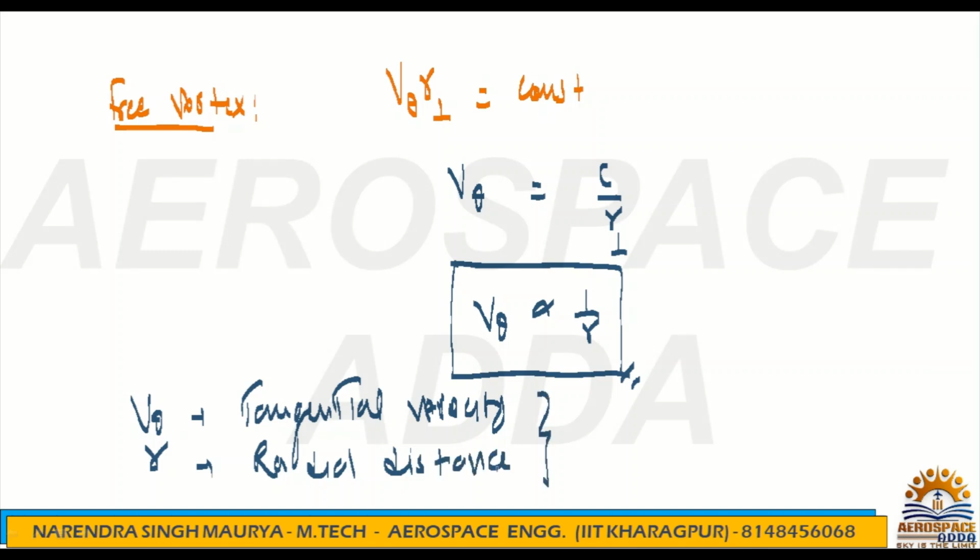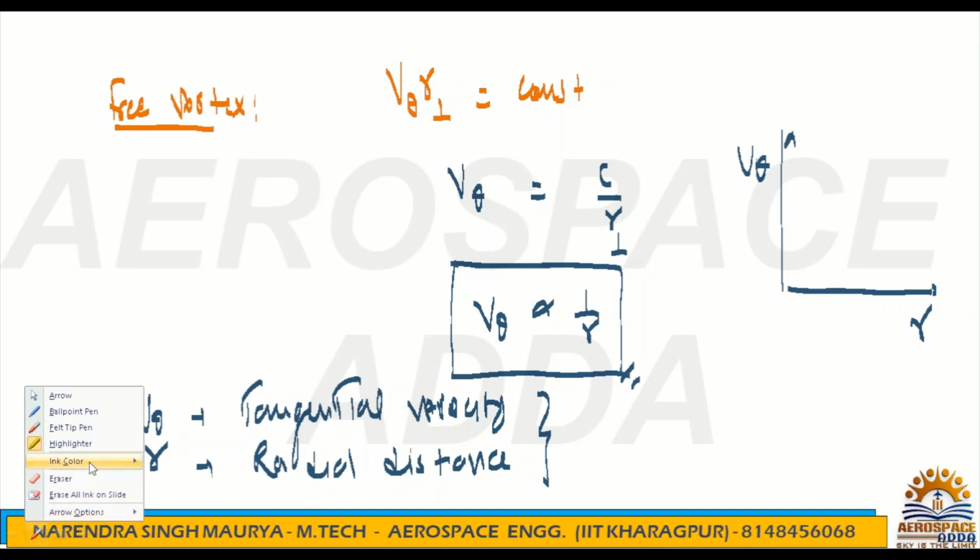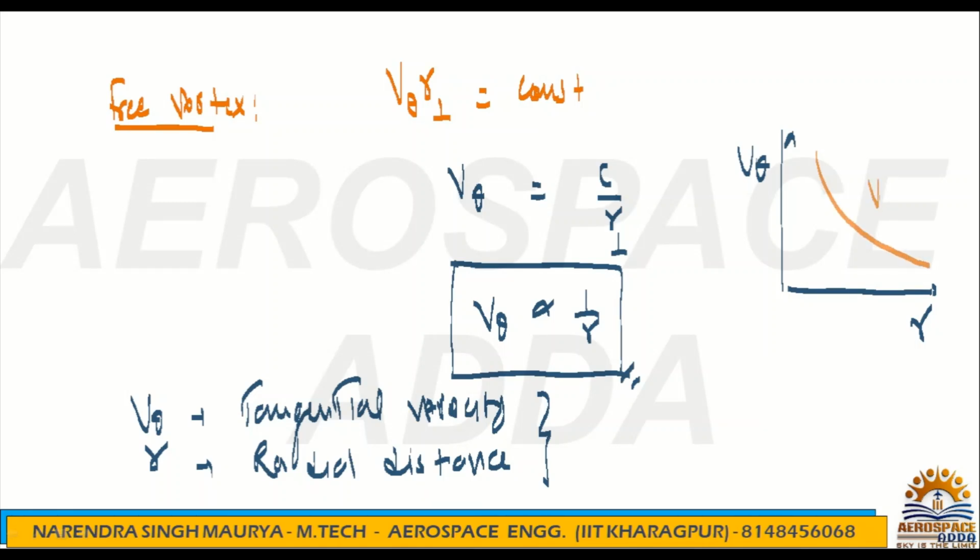Now if I draw the graph for the free vortex, this is v_θ and this is r, so it is inversely proportional. Always remember the graph for the free vortex, this is very important, very specific.